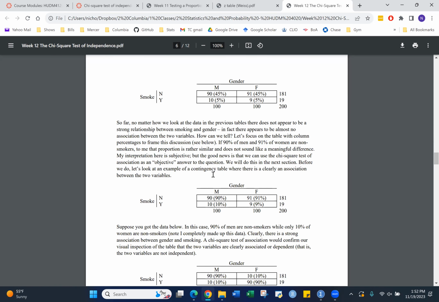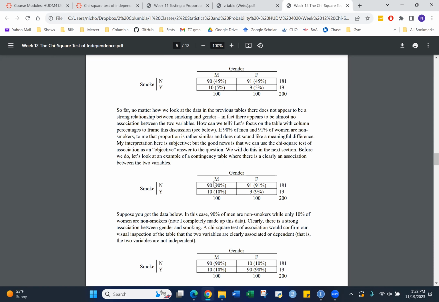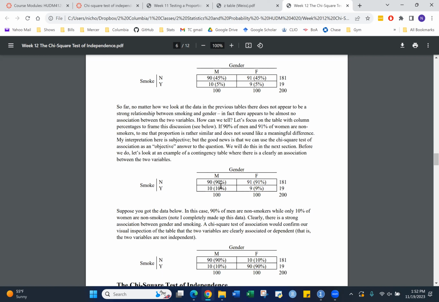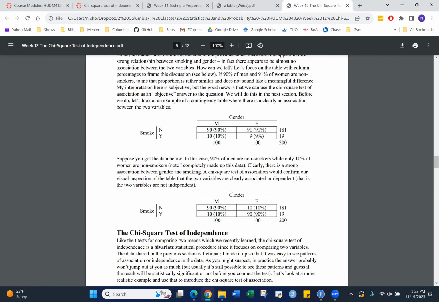But before I do, I want to go to an extreme example where there's clearly an association between the 2 variables. So the previous one is showing no association. It's actually the same table from above. This table is showing association because look, if you're male, you're a 90% non-smoker, in this fictional data, however, if you're a woman, you're a 90% smoker.